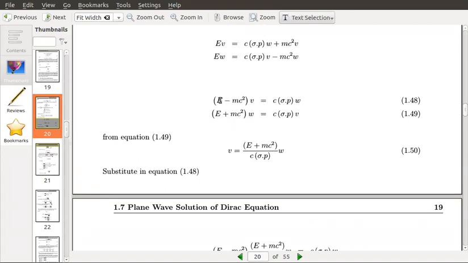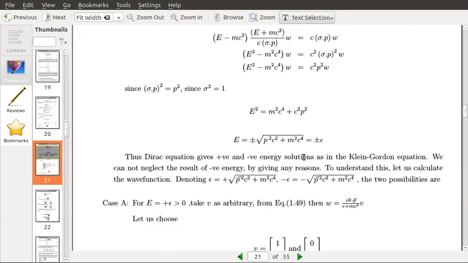If E is positive, E minus mc square can be 0, so V equal to infinity will come. So you cannot take E equal to plus epsilon here. The only option is E equal to minus epsilon. So minus epsilon minus mc square, that is okay. Minus will go to the numerator, so epsilon plus mc square will come.